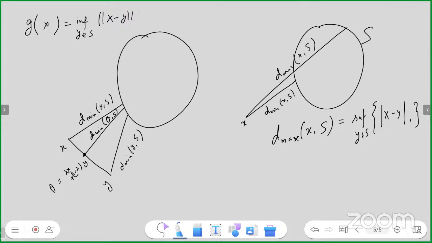So let's do something slightly more general. Let f be jointly convex. I didn't need this when I was looking at sup. And let S be a non-empty convex set.